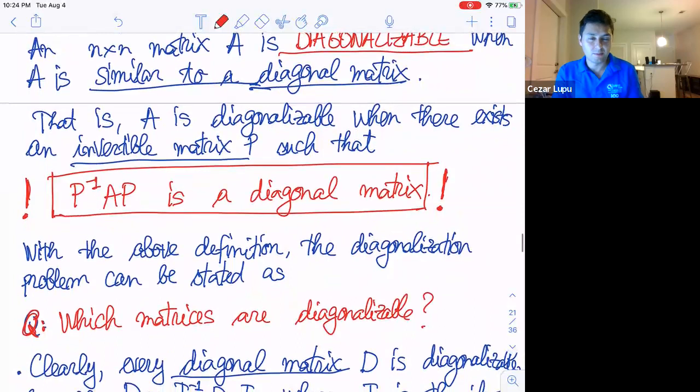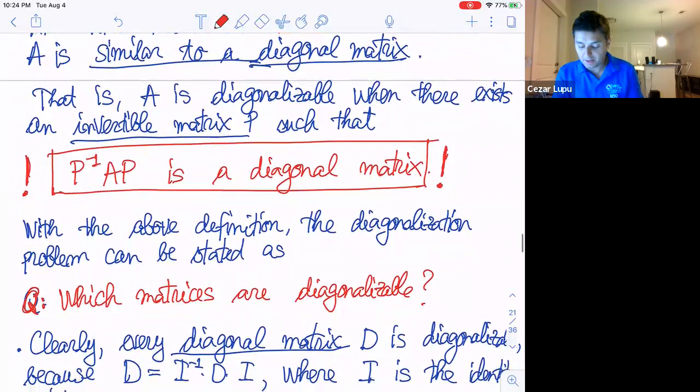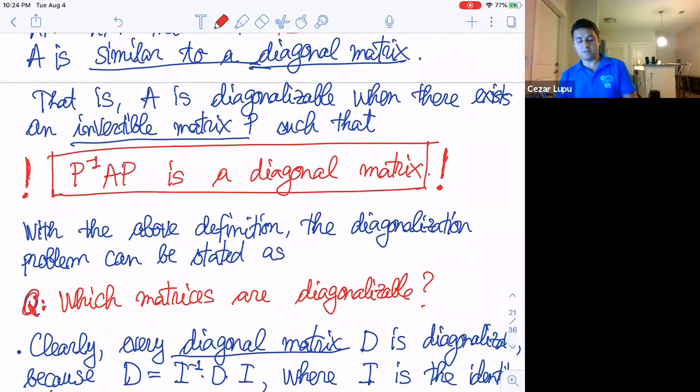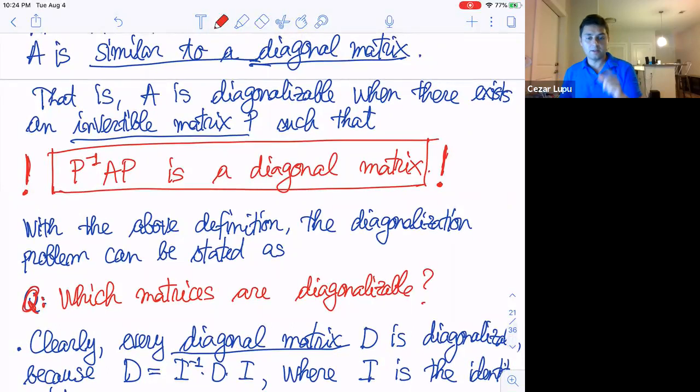A partial answer: clearly every diagonal matrix D is diagonalizable, because we can take P to be the identity. Clearly, the identity matrix is invertible, right? Let me remind you that the identity matrix has 1 on the main diagonal and 0 in the rest. Definitely, you can write any diagonal matrix as the identity inverse times D times the identity.